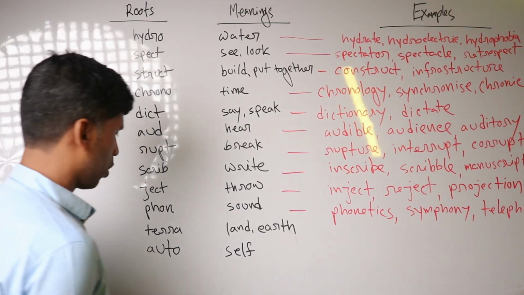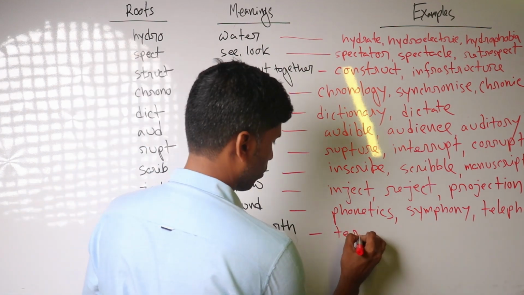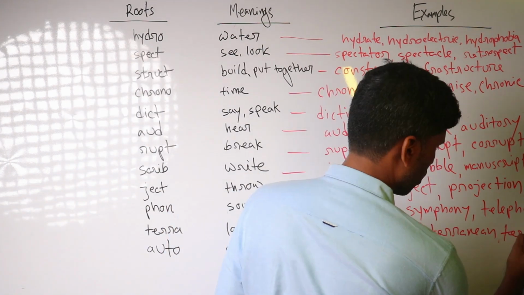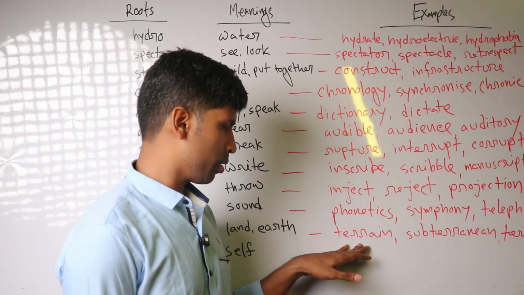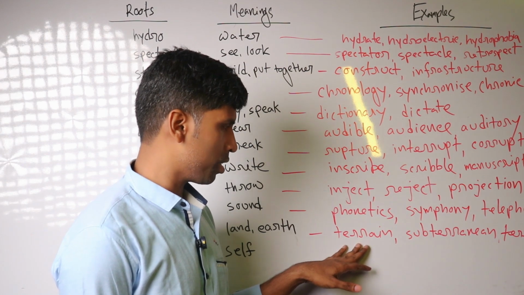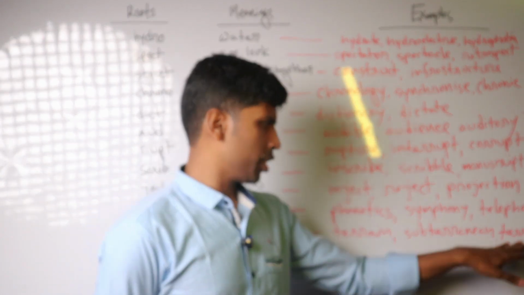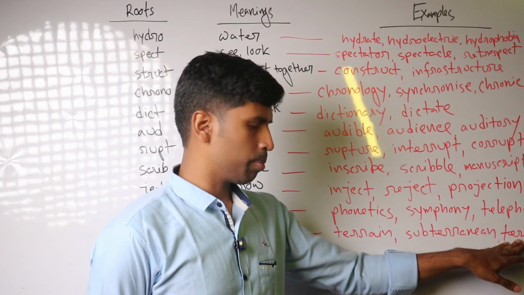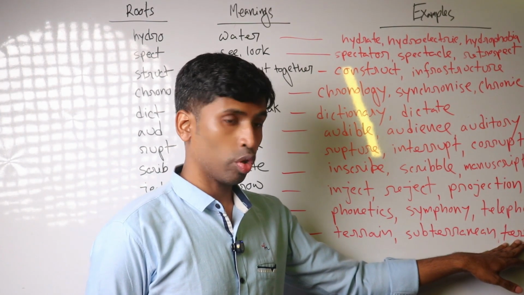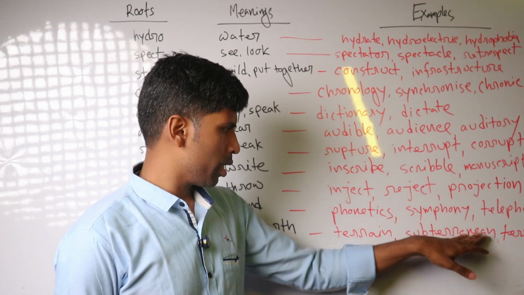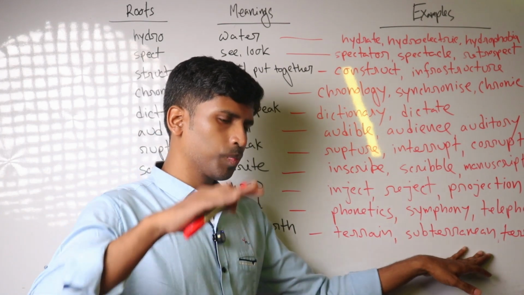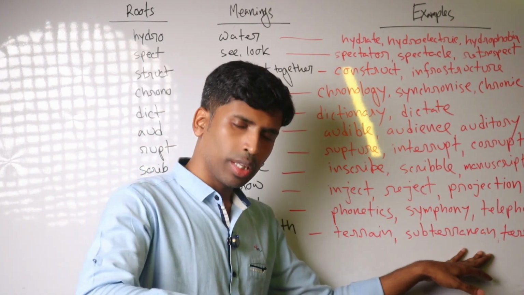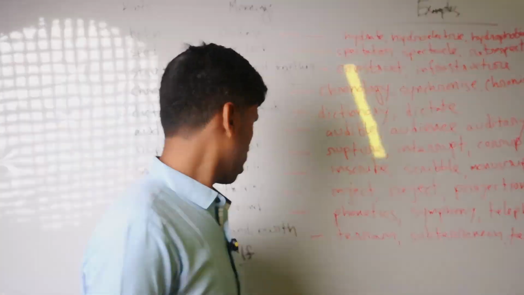Terra is land or earth. Terrain is a specific type of land. Territory is an area of land that belongs to a particular authority. And subterranean means underground, okay, beneath the surface of the land.